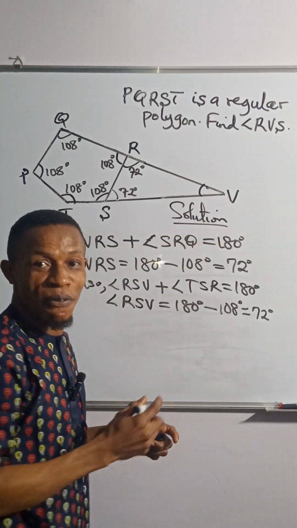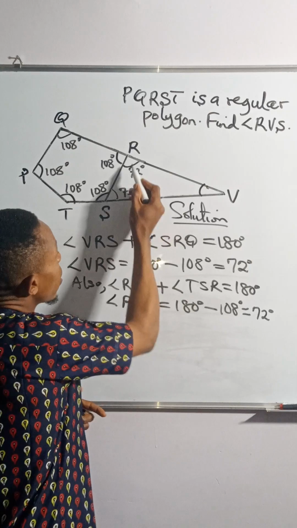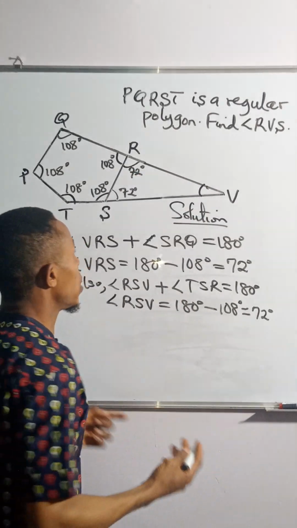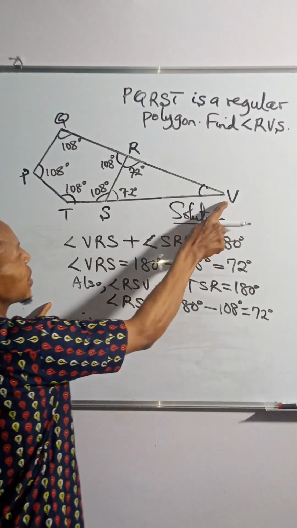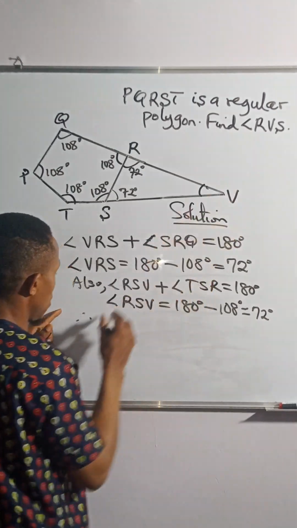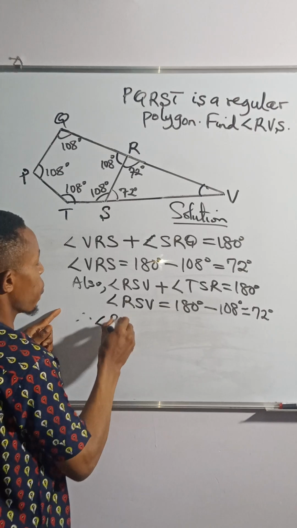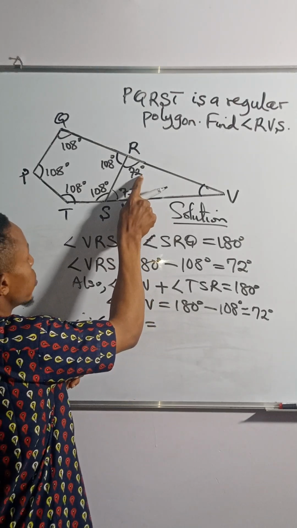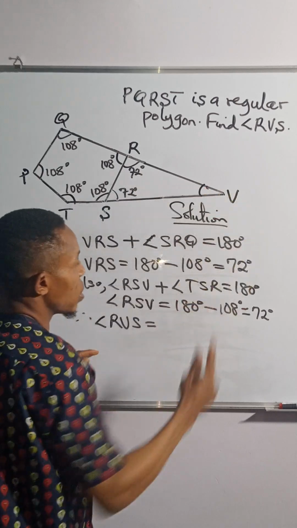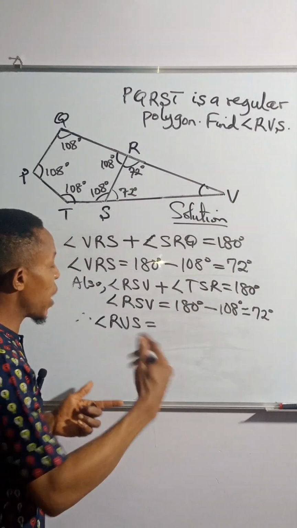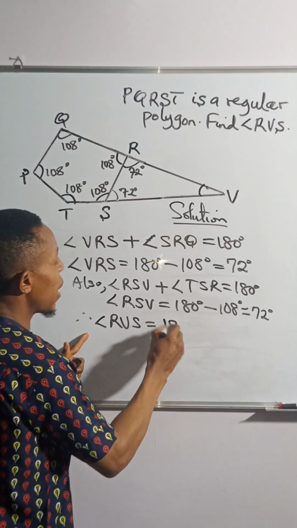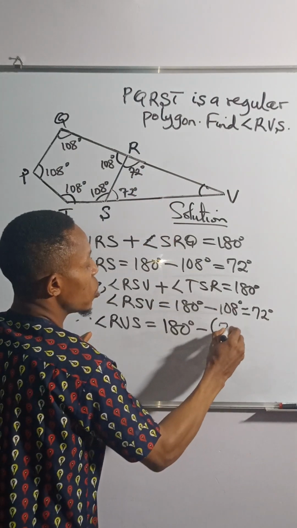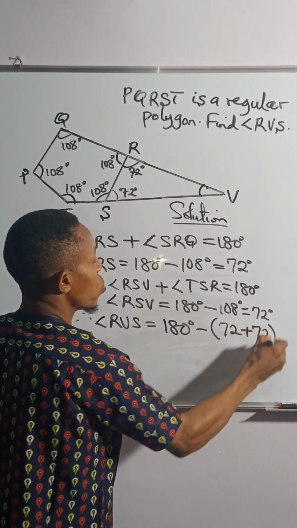So we can now find V using the sum of angles in a triangle. We know that the sum of angles in a triangle equals 180 degrees. Therefore, to find this angle, angle RVX will be equal to 180 degrees minus the sum of these two, 72 plus 72.